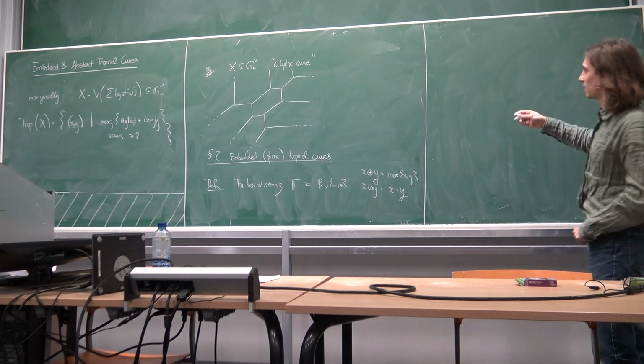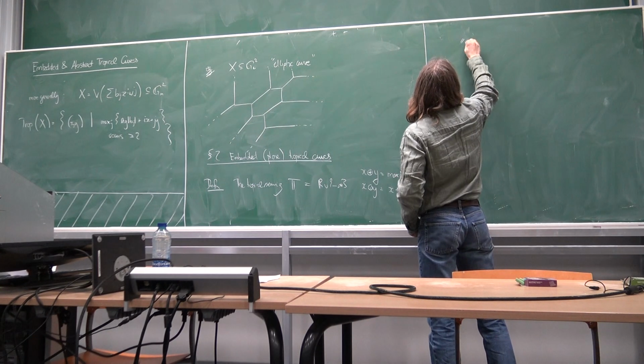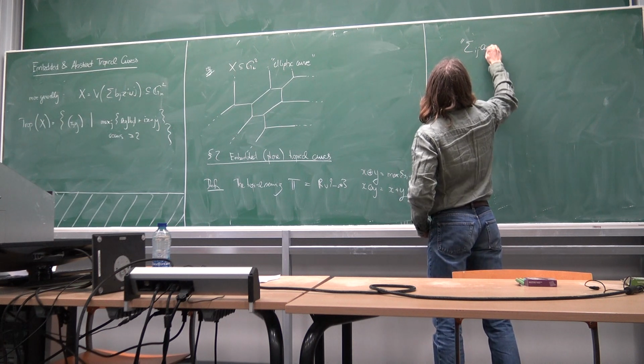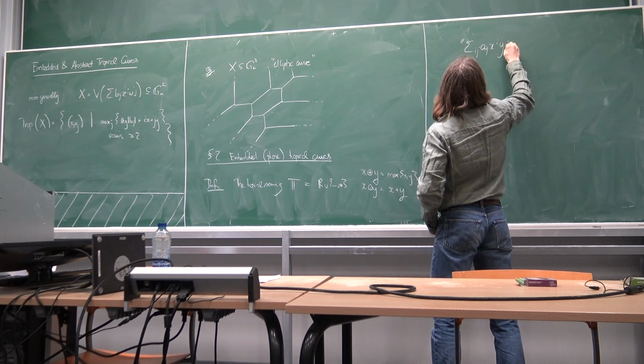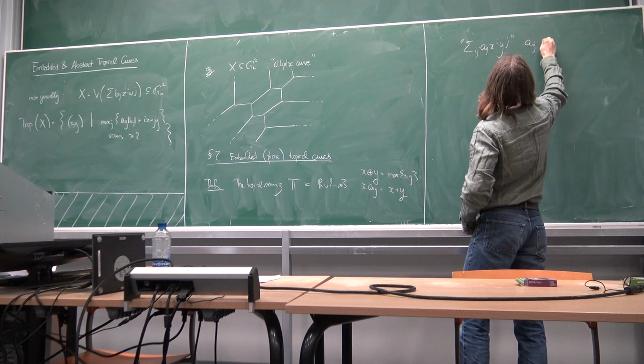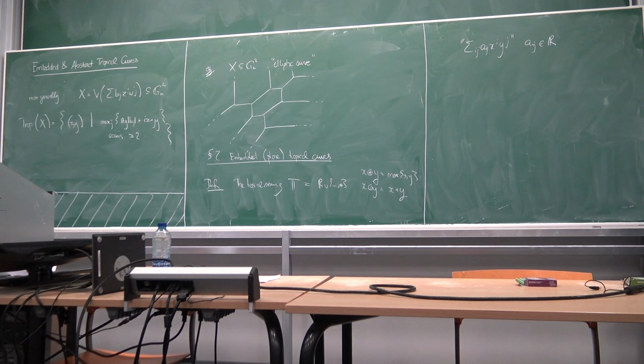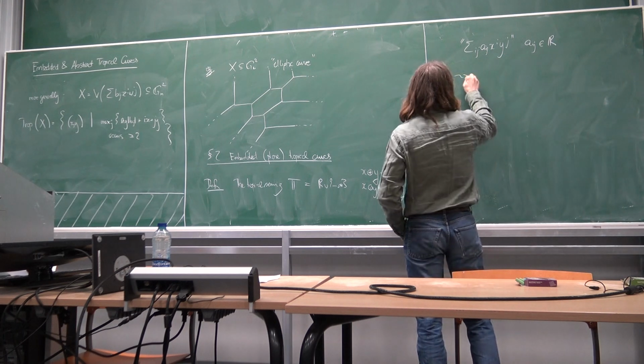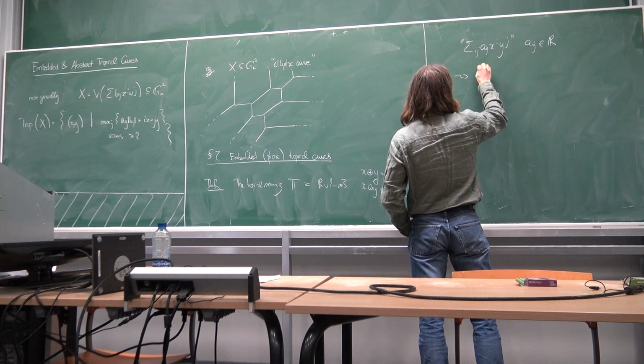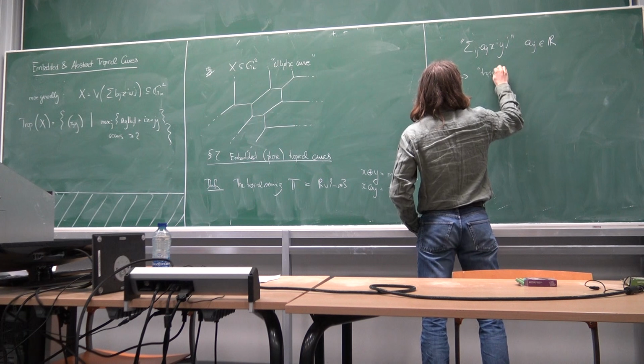And so now if we take some just formal polynomial expression with real coefficients, then we can use this to define a kind of tropical function.